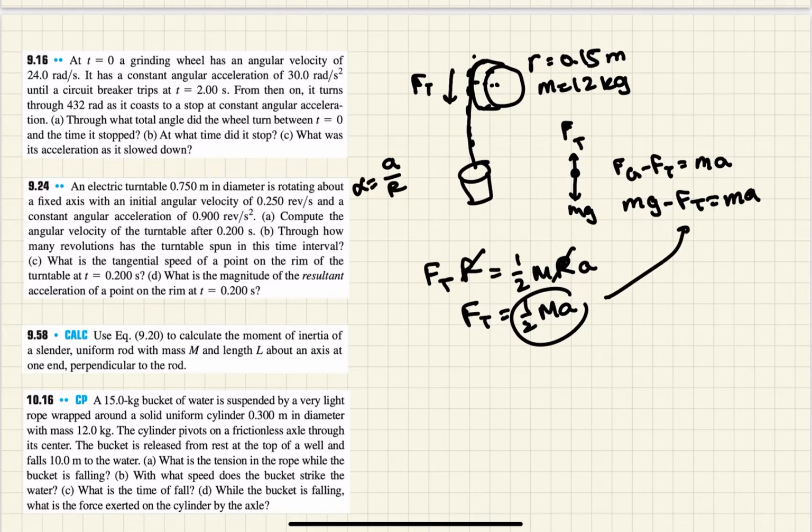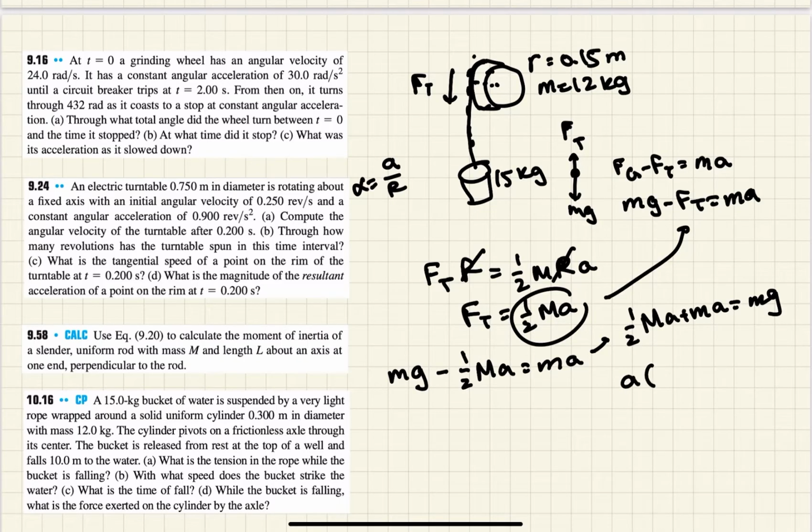And we're going to get mg minus 1/2 Ma is equal to ma. What can we do from there? Oh, it did give us the mass of the bucket, I forgot, 15 kilograms. All right. Wow, the bucket's heavier than the cylinder. Okay, anyway, we want to solve for acceleration and then use that to solve for tension. What we're going to get is 1/2 Ma plus ma is equal to mg.